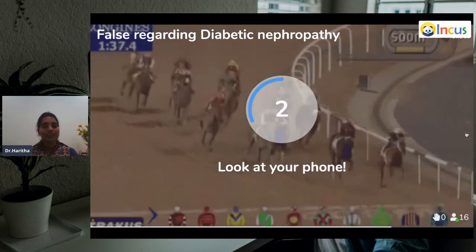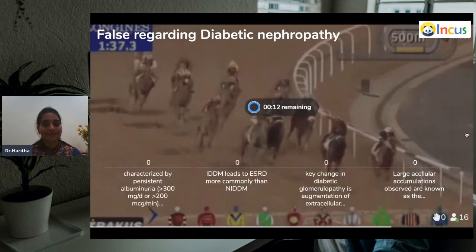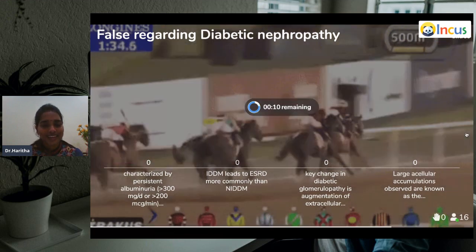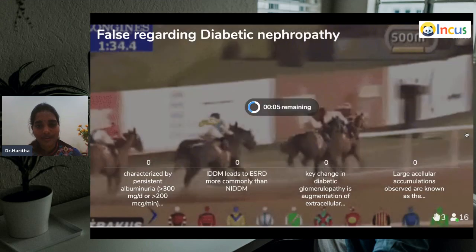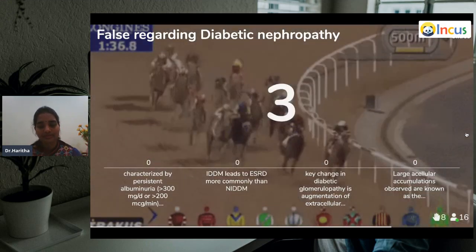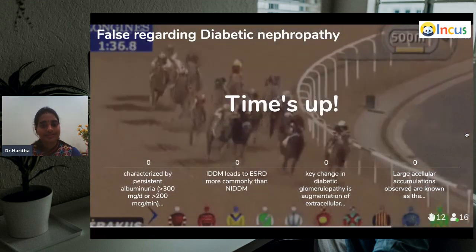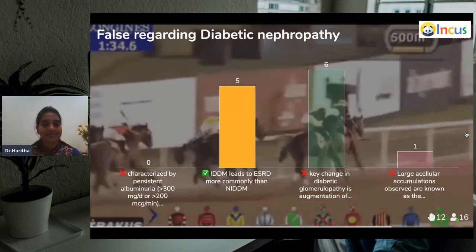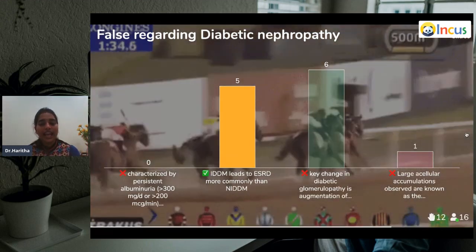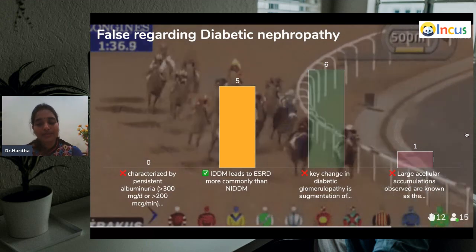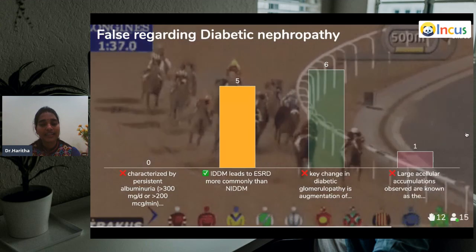Now, false regarding diabetic nephropathy. Please read the options. The answer is that insulin dependent diabetes mellitus leads to end stage renal disease more commonly than non insulin dependent diabetes mellitus.